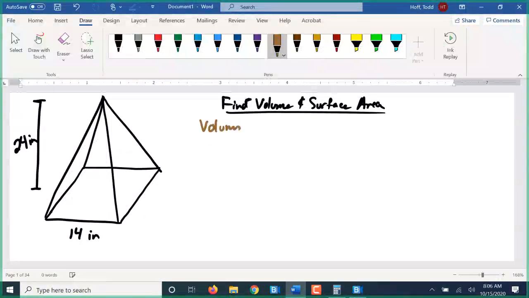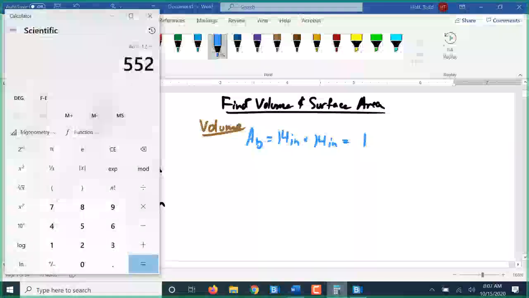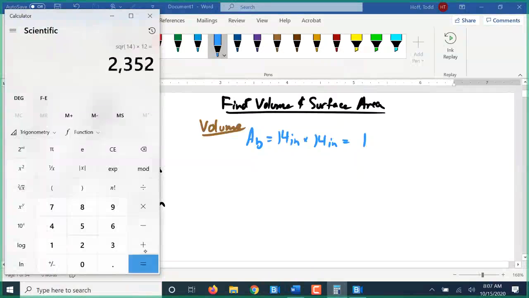So for volume, our first step is to find the area of the base. Well, I should have labeled it, but we had to assume it was square, 14 inches by 14 inches, which will be 196 square inches.